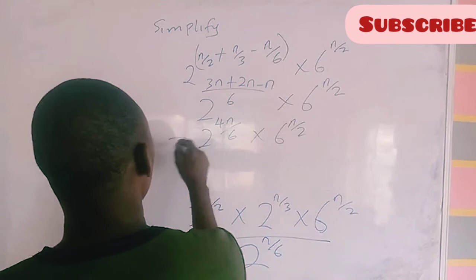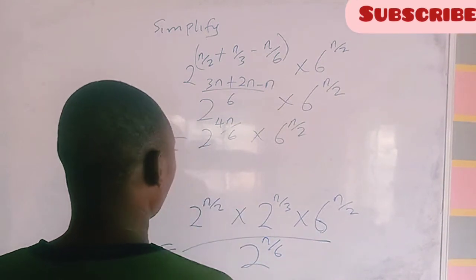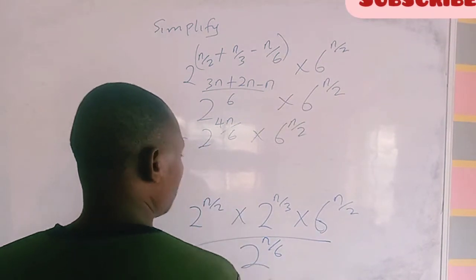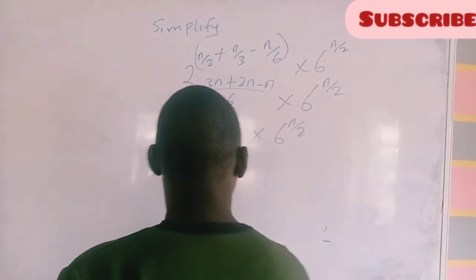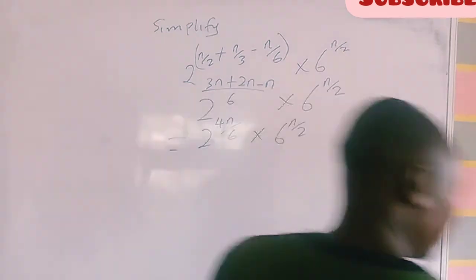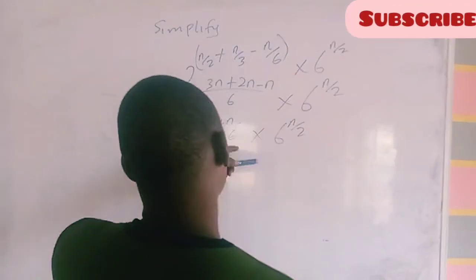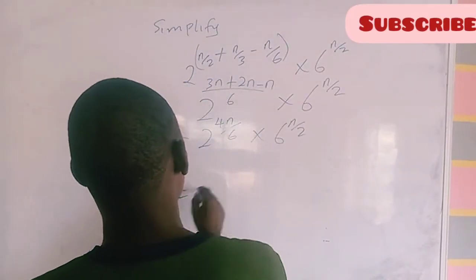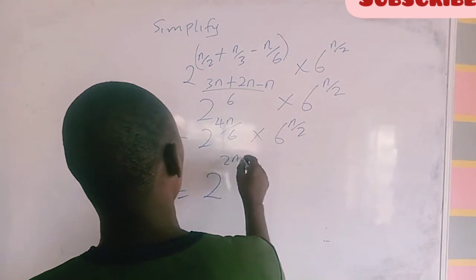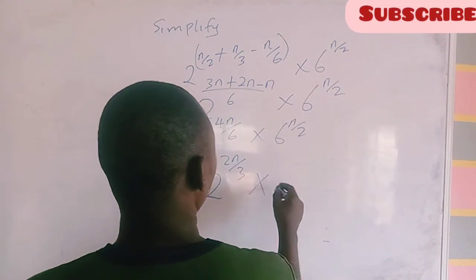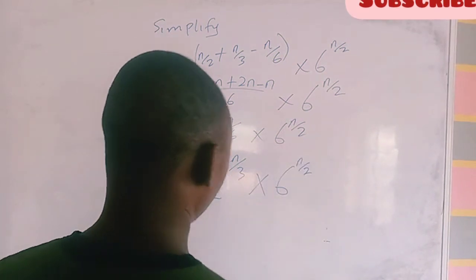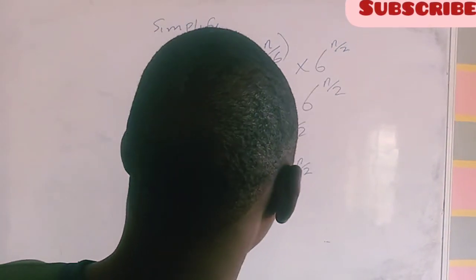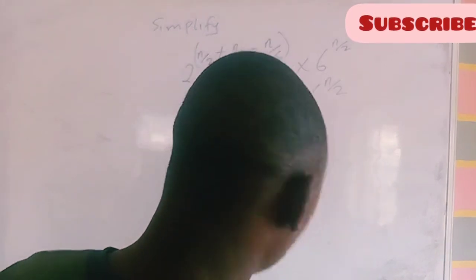You can see that we had a quotient before as a division, but now no more division. So 4 over 6 simplifies to 2 over 3. That means we have 2 raised to power 2n over 3 times 6 raised to power n over 2. So this is the answer to the question.